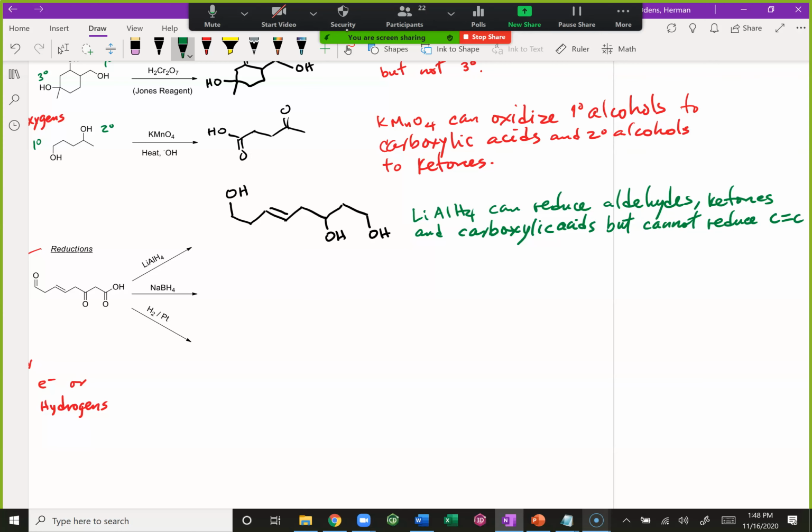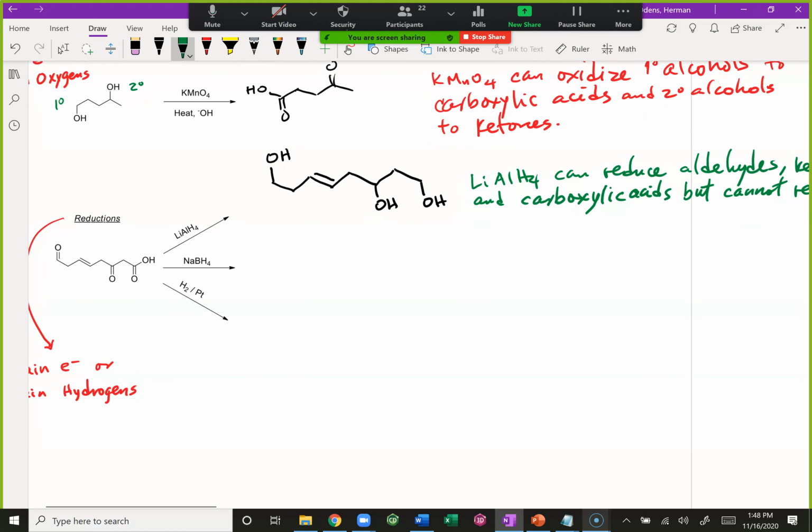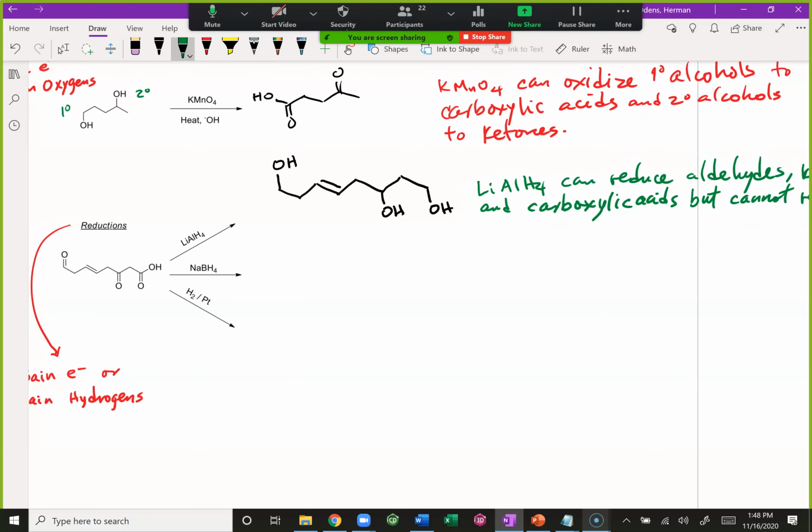Okay, let's do the next one. Sodium borohydride. Sodium borohydride is a little weaker than lithium aluminum hydride.